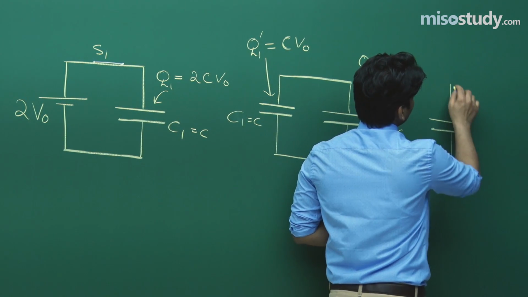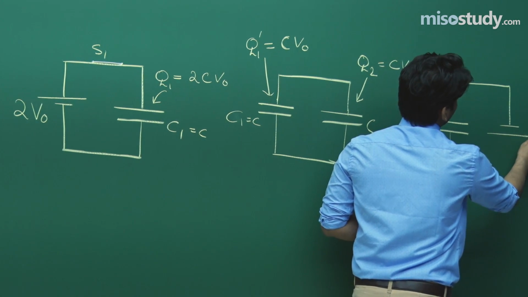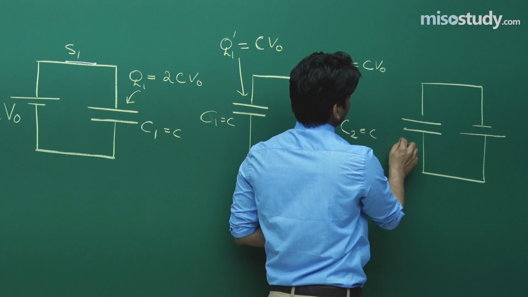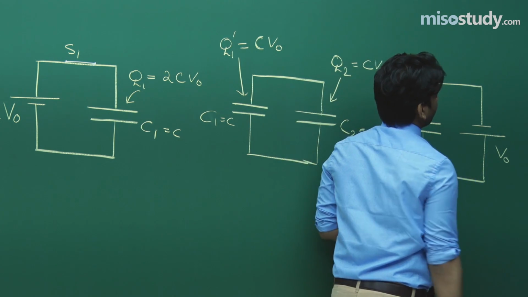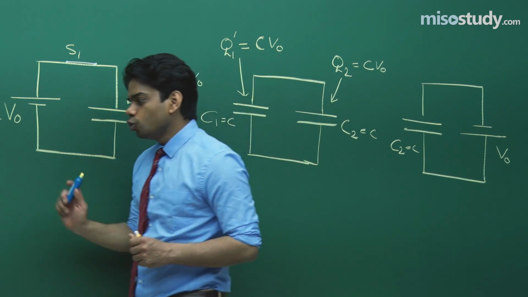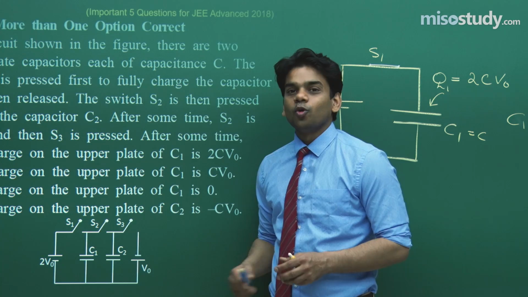This is C2, with negative polarity at the upper end and positive polarity at the lower end as per the diagram. This is C2 equal to C, and this has an EMF of V0. I just want to clarify the diagram with you all. Do observe the negative polarity at the upper end and positive polarity at the lower end.